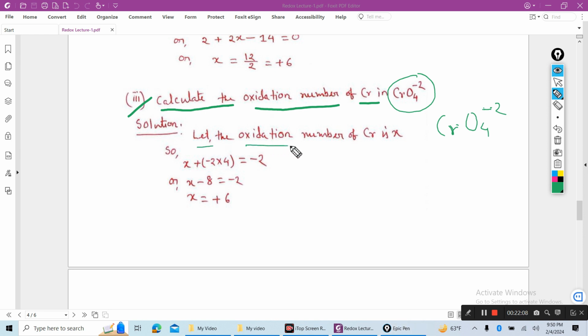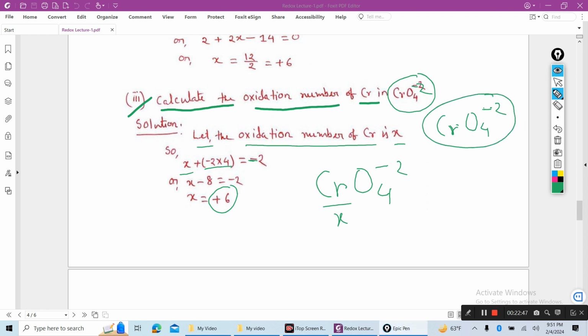Let the oxidation number of chromium be X. Now you see chromium X plus minus 2 times 4 equal minus 2. Why? There is a charge of minus 2, so I write here minus 2. If you solve it, X equals plus 6. That means in the chromate ion the chromium oxidation number will be plus 6.